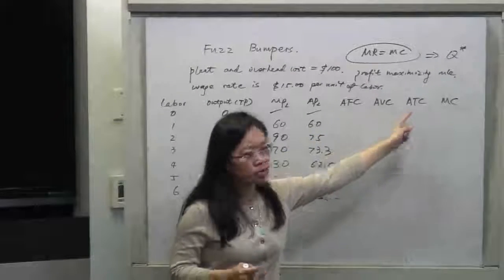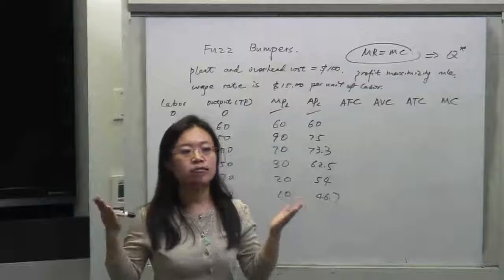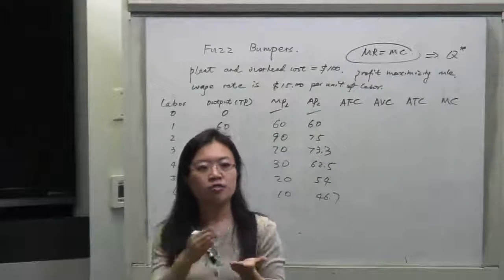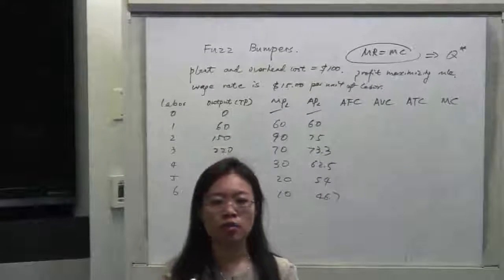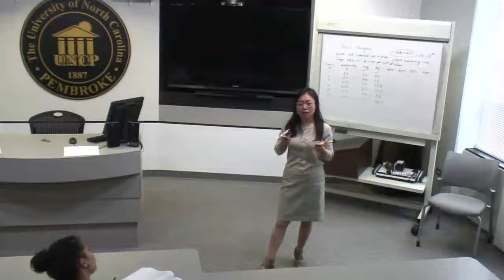All of these represent average cost. How do you find average total cost? Divide total cost by output.